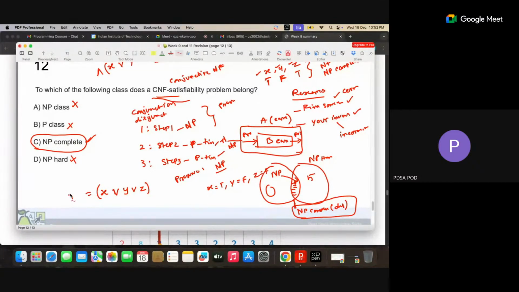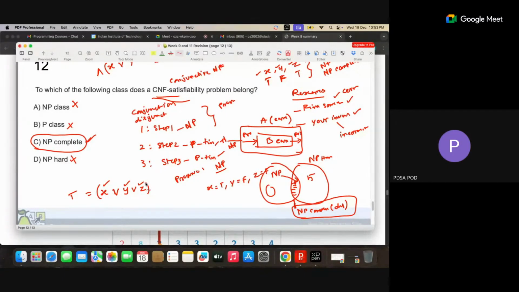This entire one is true only. Is it right? Yes, sir. But for X and Y and Z, we don't know the input values, the variable literals values. Is it right? Yes, sir.